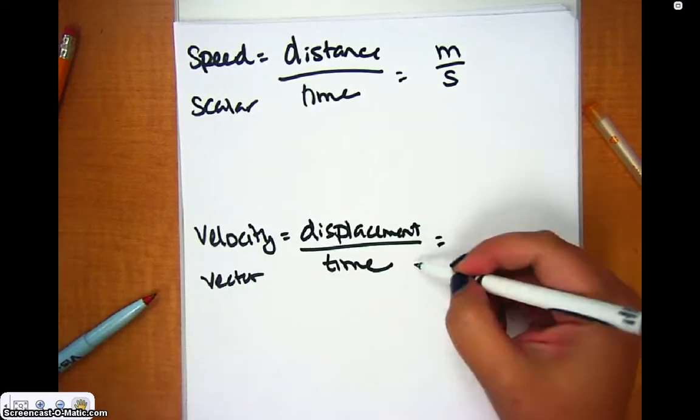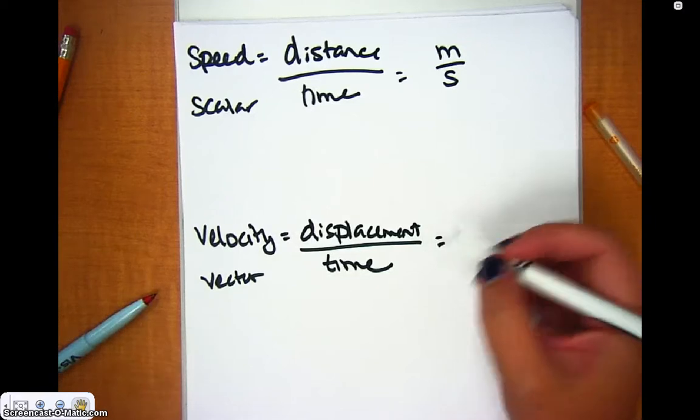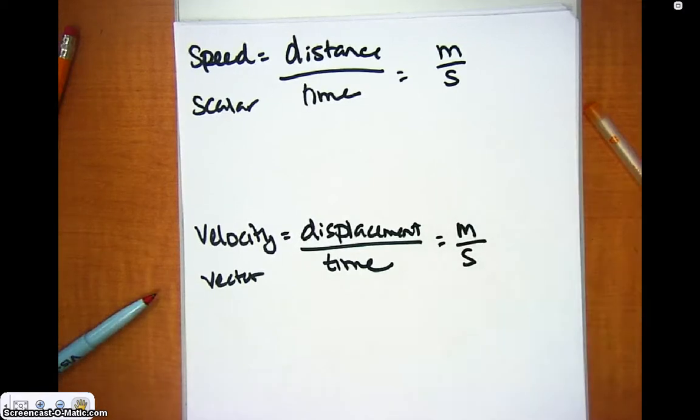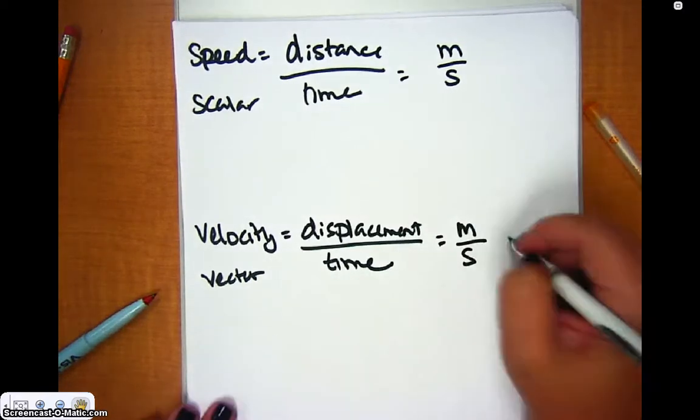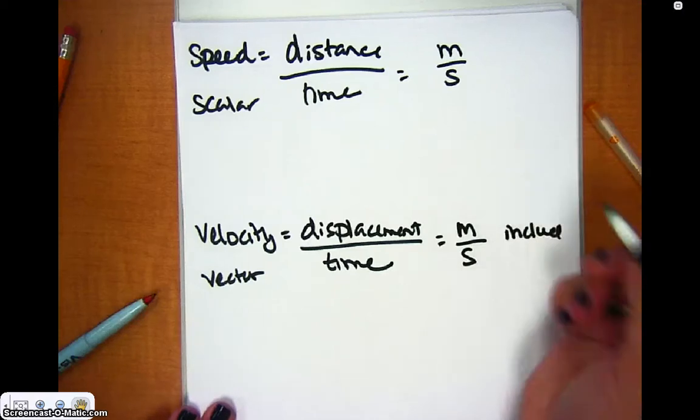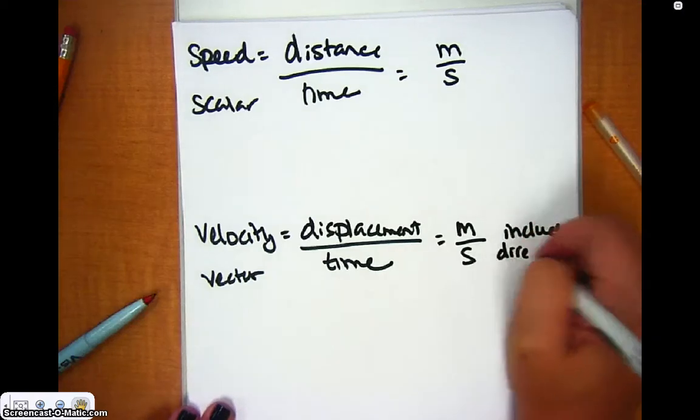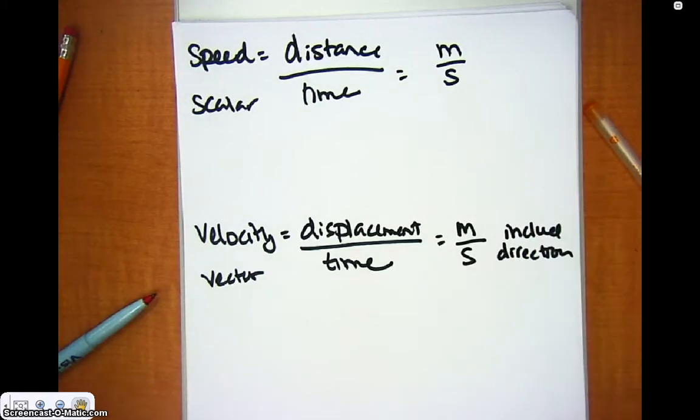So when we calculate this, we need to include the unit of meters per second, but we also include direction. So maybe, like 300 meters per second, 25 degrees northwest. All right?